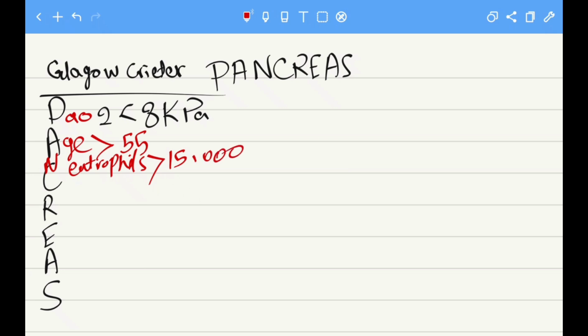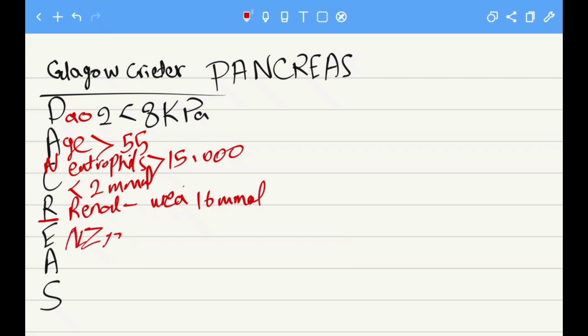C is for calcium, less than 2 millimole. R is for renal, the urea will be more than 16 millimole, which is renal function. E is for enzymes, LDH, which will be more than 600.